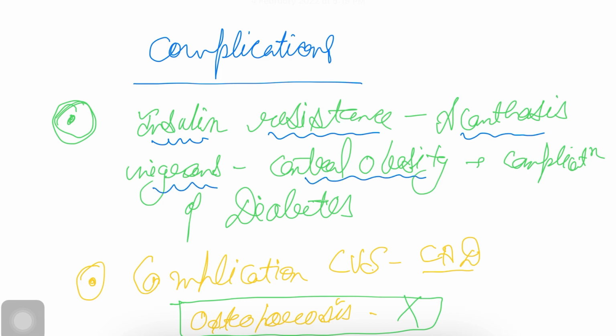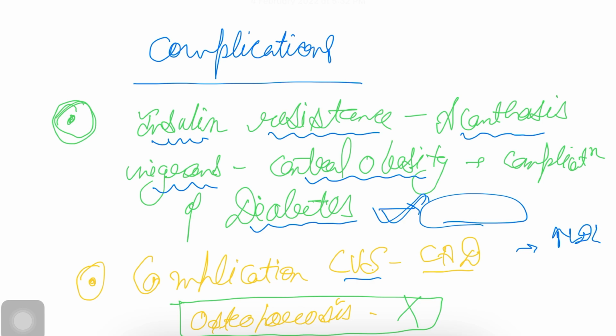So all complications of diabetes can be there in the future. Next, complications of CVS, as we have already said. LDL is increased, HDL is decreased, and there is central obesity, just metabolic syndrome. So the patient can have coronary artery disease and stroke in the future.